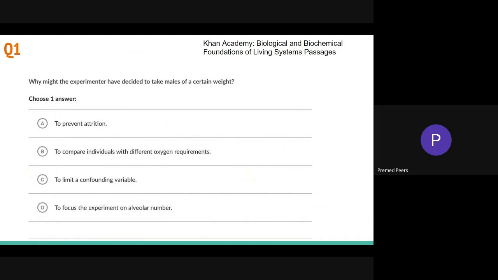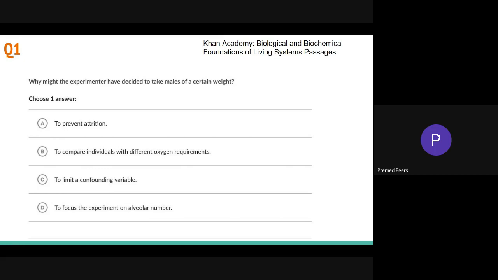B, to compare individuals with different oxygen requirements. Well, I would think that you would have more differences to compare if you had a larger range of people. So narrowing that range, I don't think would help with this, assuming that weight has to do with the oxygen requirements. C, to limit a confounding variable.